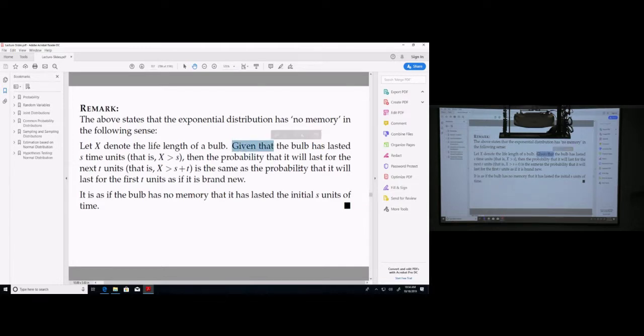Then the probability that it will last for the next t units, and this is the event that I'm interested in, but I condition on what I already have, the information, is the same as the probability that it will last for the first t time units as if it is brand new, all right?